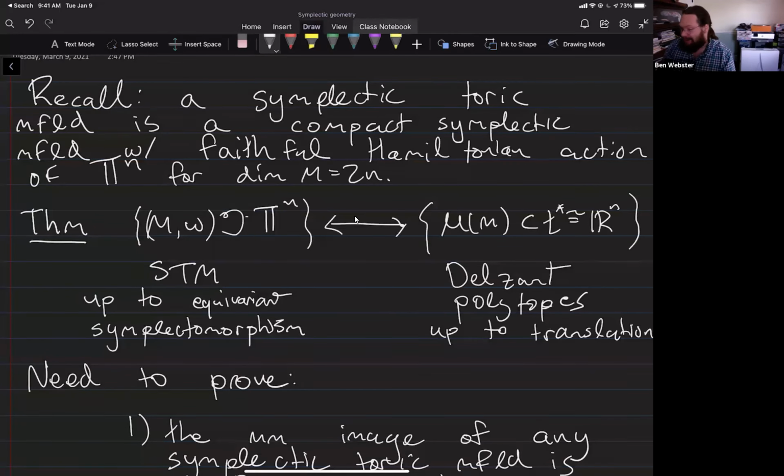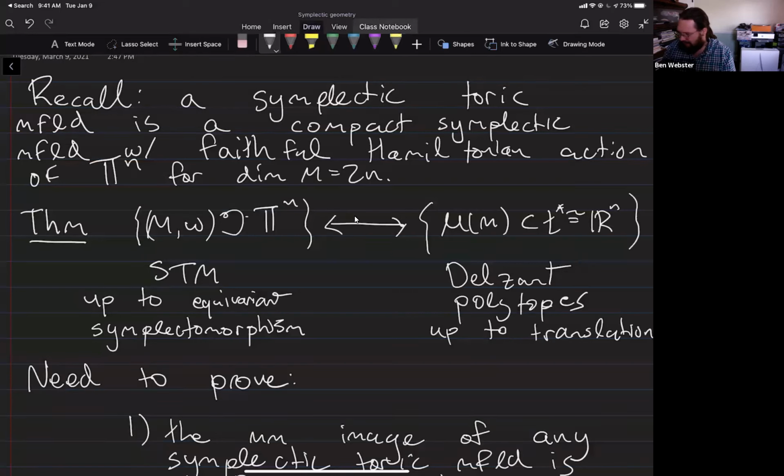The kind of subset of R^n it is, it's always a polytope. And it always has this special integrality property of being Delzant, which is basically a property about the slopes of the edges as they meet at each vertex.